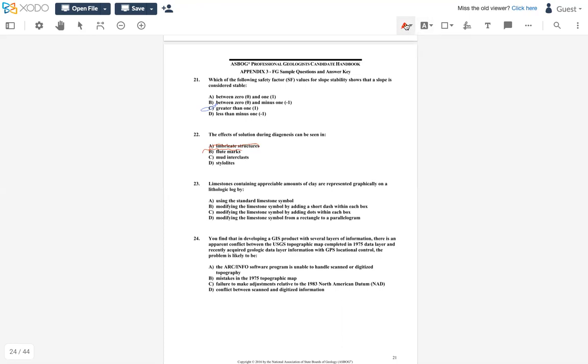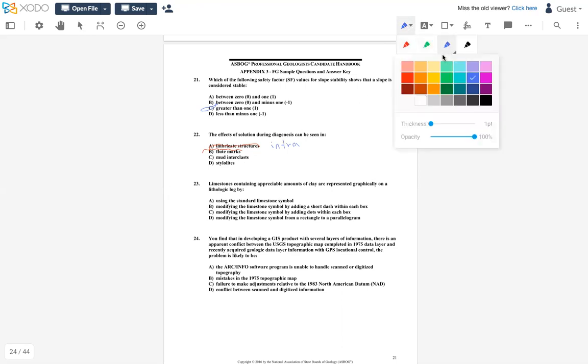Mud interclass. So that's interesting. I think we need to pay particular attention here to the difference between intra and interclass. Interclass is in between the clasts, and intraclass is in the clast.